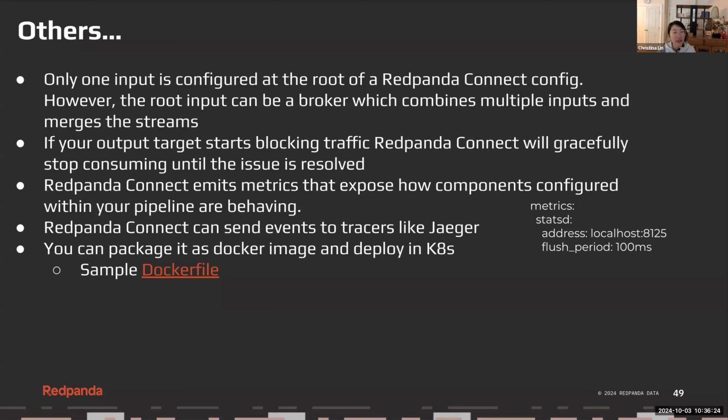Redpanda Connect also provides metrics that you can connect to Prometheus, so you can see the performance of how each pipeline works. For tracing, you can set up Jaeger to have the tracing events sent to it.